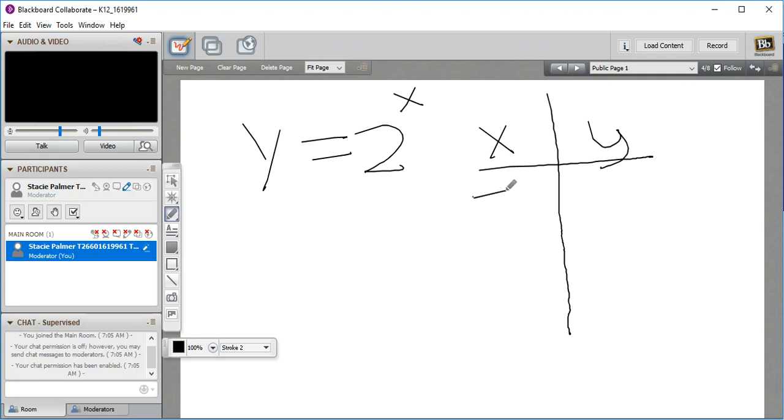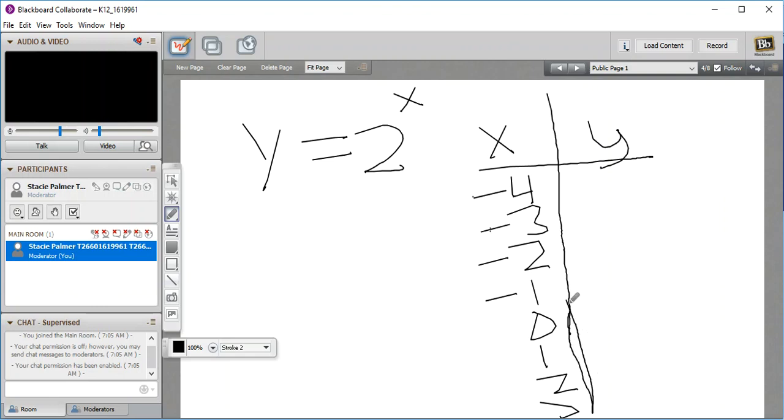So let's just start with -4, -3, -2, -1, 0, 1, 2, 3. Okay, so we're going to find out what the y is equal to when the x is equal to all these points.